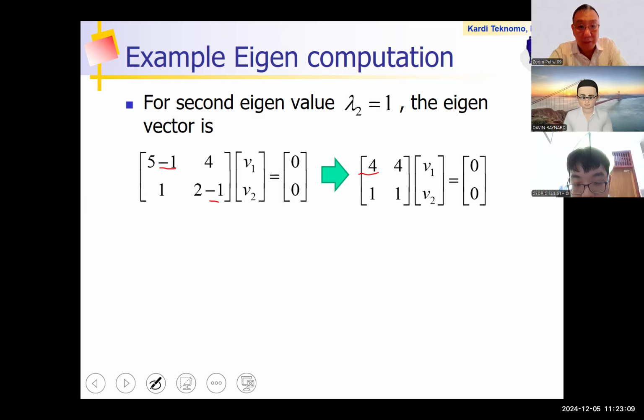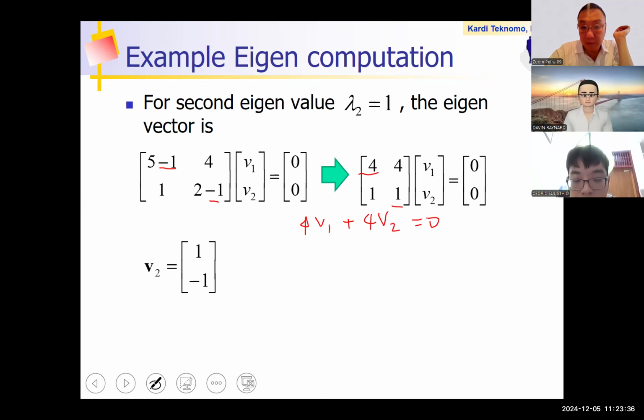So now you have 4 V1 plus 4 V2 equals 0. Oh, this must be 1 and 1, isn't it? Right? So 1 and minus 1. This one you can put any. So remember, V1 is equal to minus V2, right?